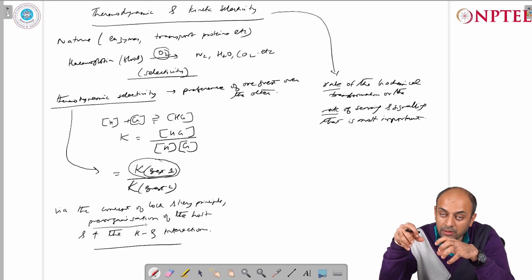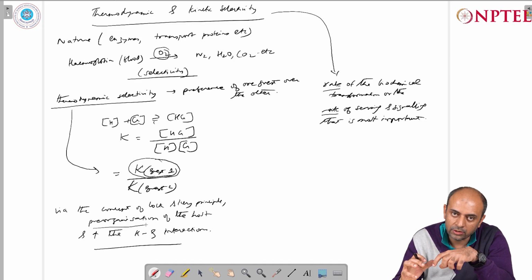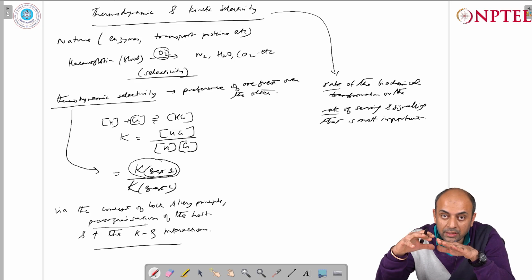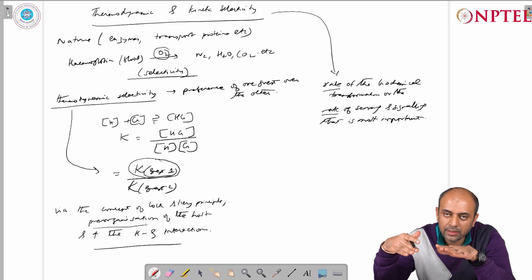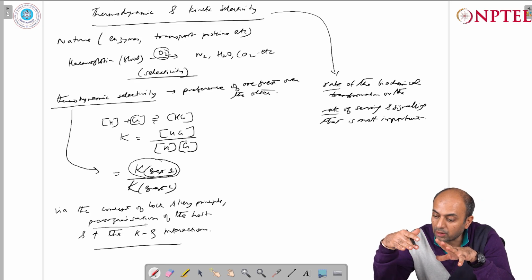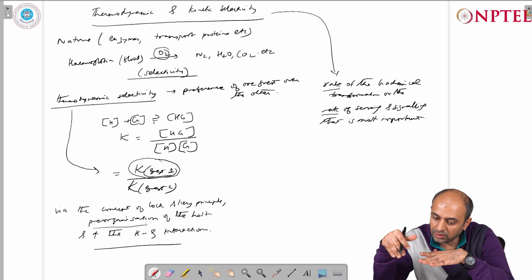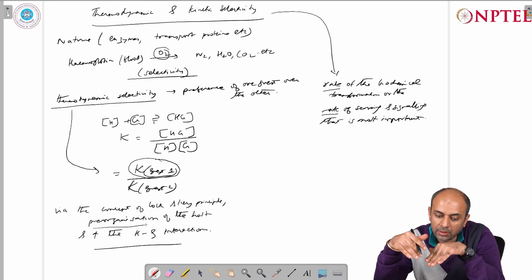And all these processes don't need pre-organization of the host. Rather, what it needs is reaching the transition state wherein the guest has got a pretty strained geometry and performs the process, completes the reaction, so that the desired kinetic selectivity is achieved. So, this differentiates kinetic selectivity from thermodynamic selectivity.